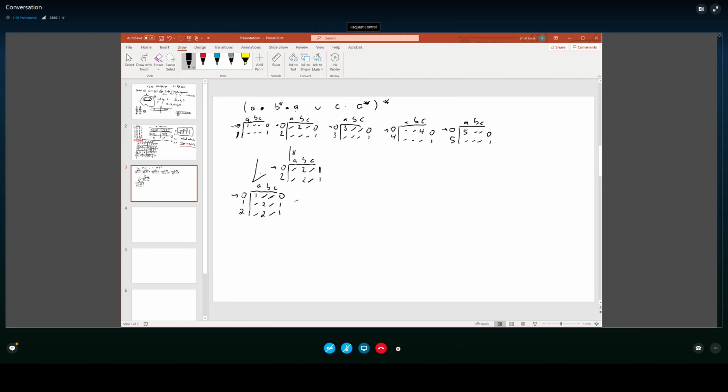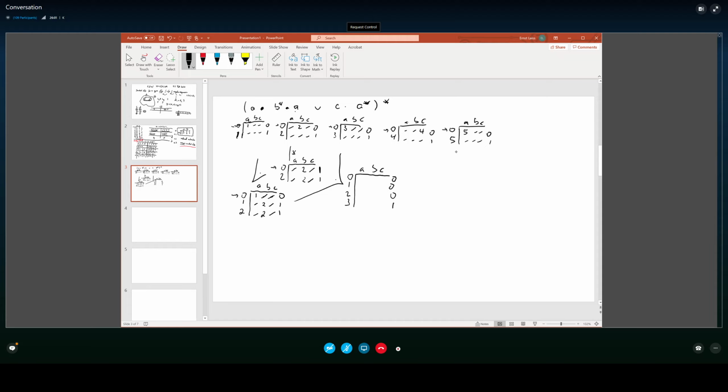And now we can do the concatenation of those two, the automaton for A, B star, and the automaton for the second A. So we have 0, 1, 2, 3. A, B, C. Final states: the second automaton has a rejecting initial state, which means we only get the final states of the second automaton.